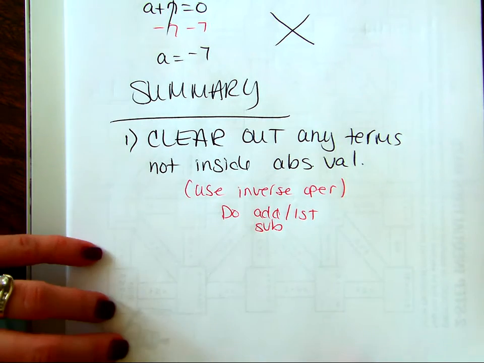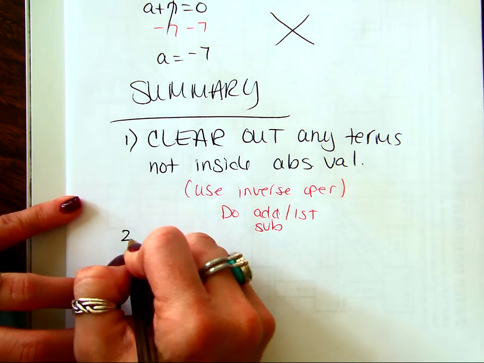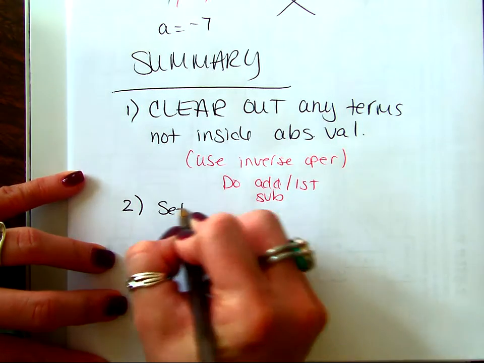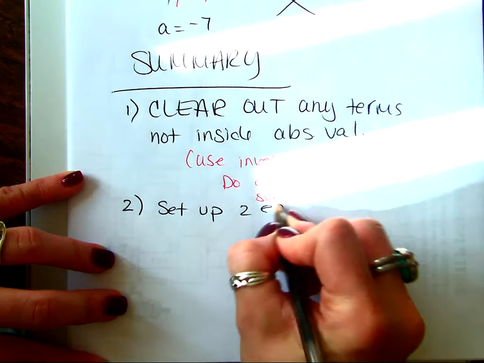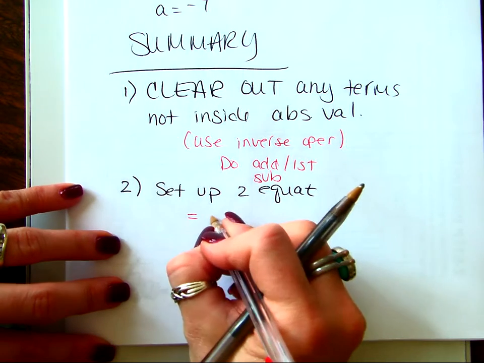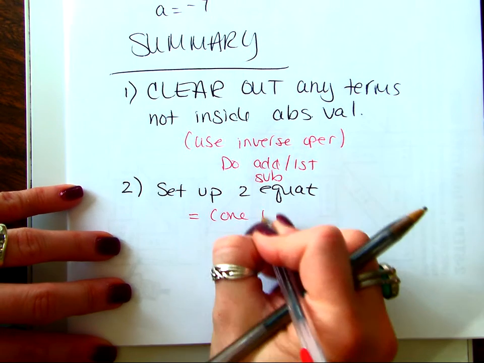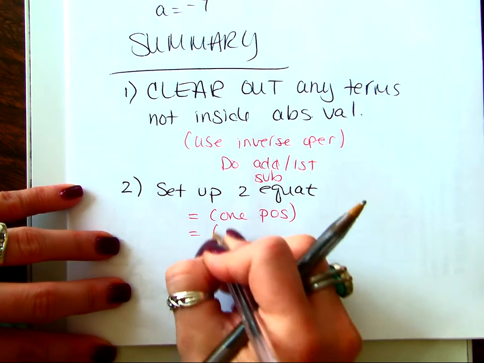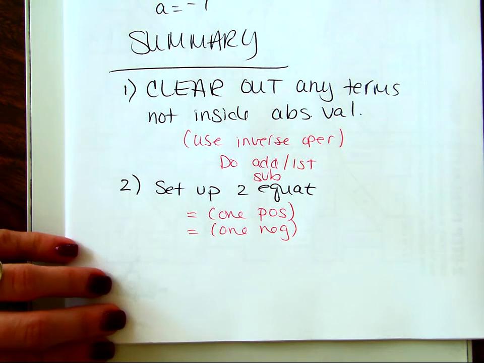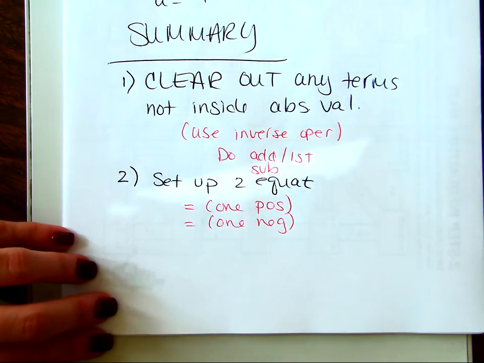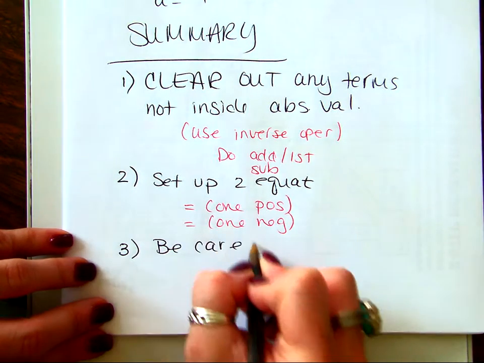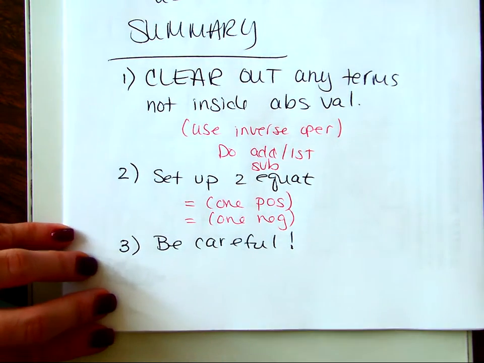Step 2. After everything's cleared out, didn't I tell you to set up your two equations? Meaning make one equal to a positive value and then one of them equal to the negative value. Right? That was step 2. And then step 3, we're going to call be careful or look out, because special cases are going to pop up.